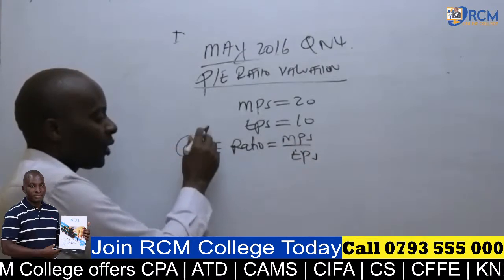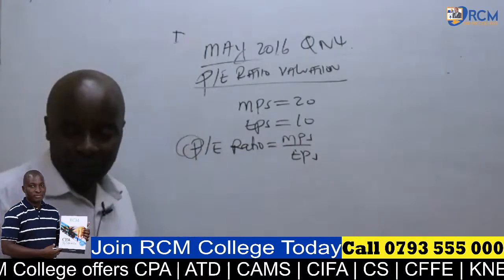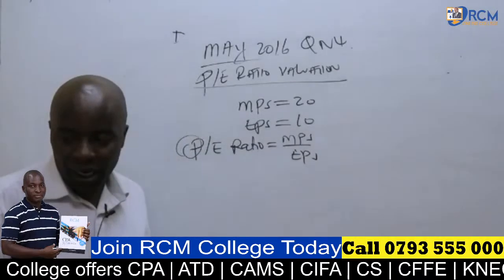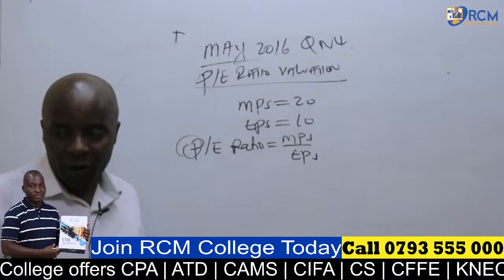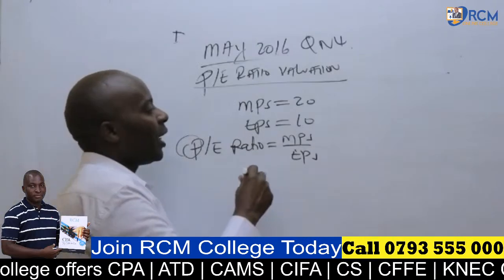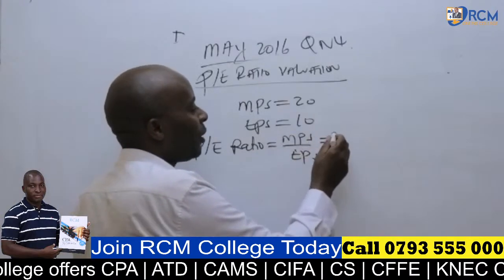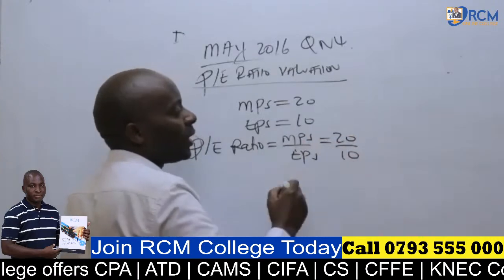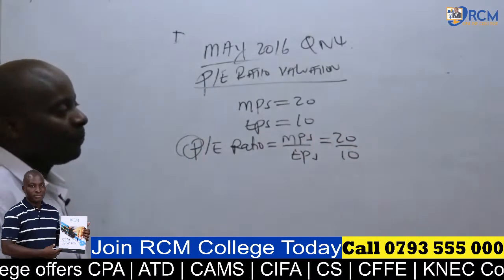Market price per share all over earnings per share. So I will take 20 all over 10.